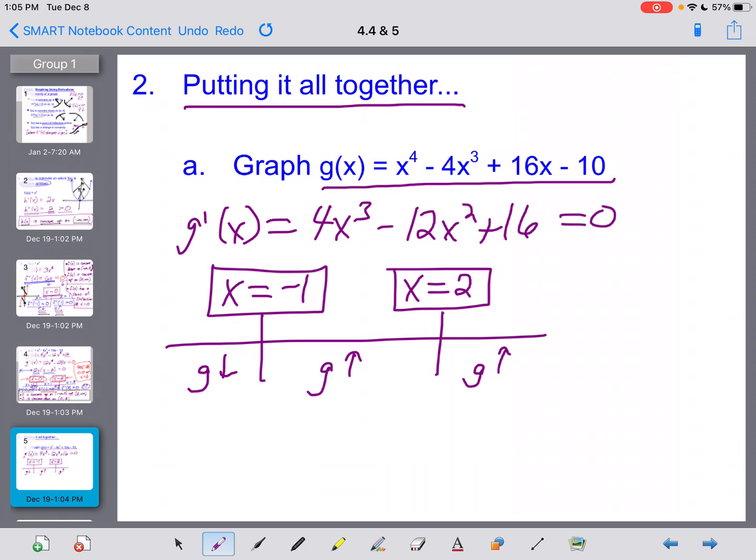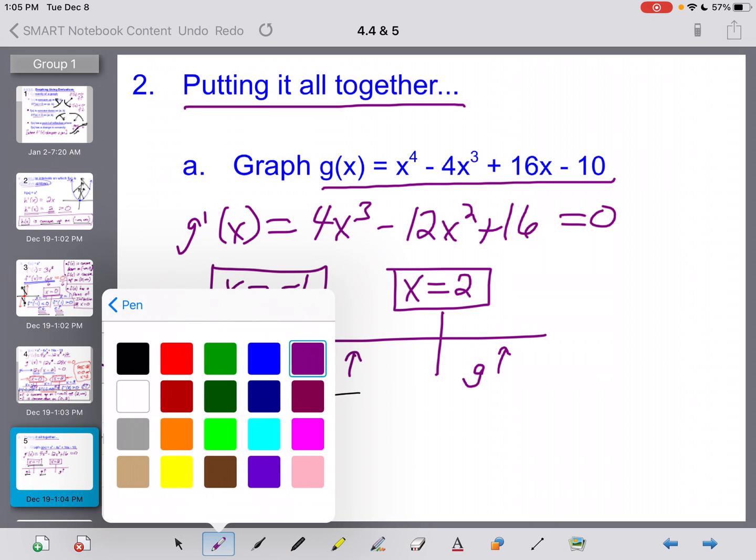So one thing that I'm not sure that we wrote down in the 4.3 notes, but we can go ahead and deduce right now, is that at x equals -1, our function's behavior changed from decreasing to increasing, and that was because our first derivative changed sign from negative to positive.